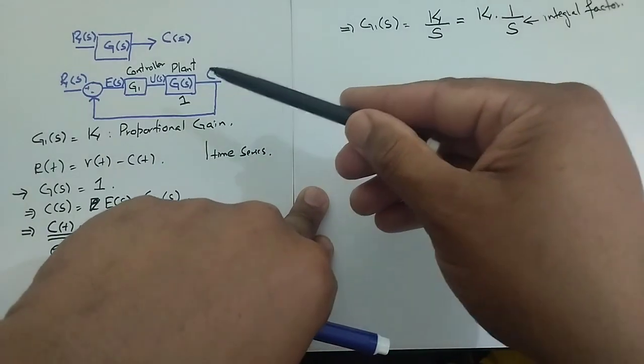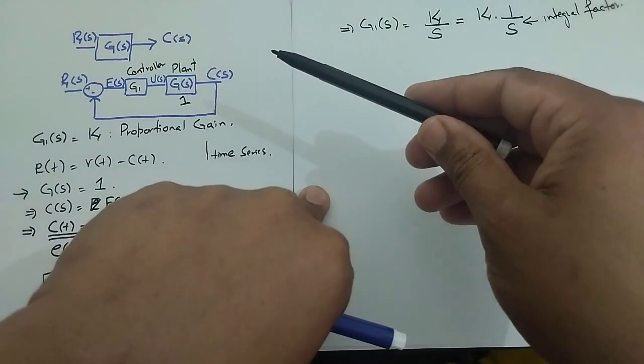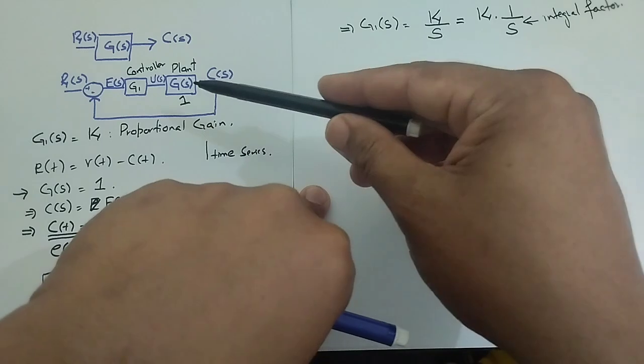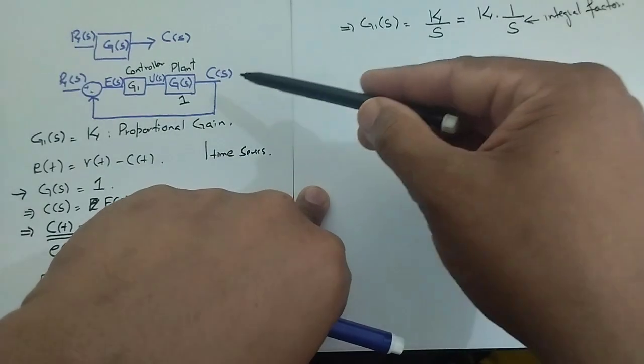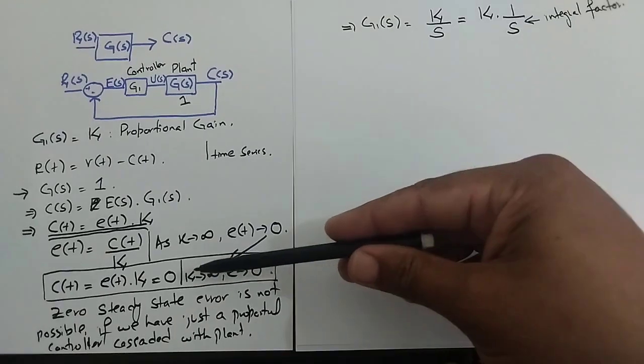By virtue of this change, we will see that we are going to find a transfer function that will make the overall error equal to 0, but the output will not be equal to 0, which was the case we observed earlier.